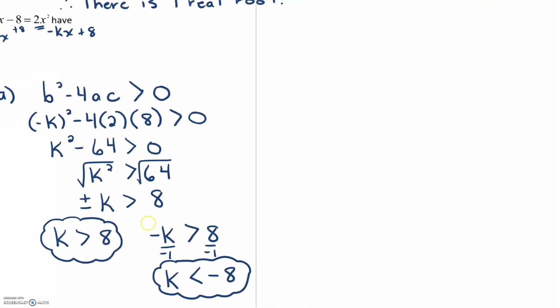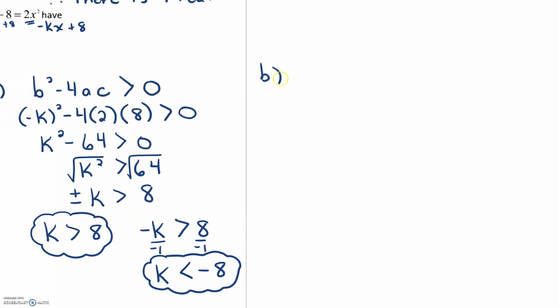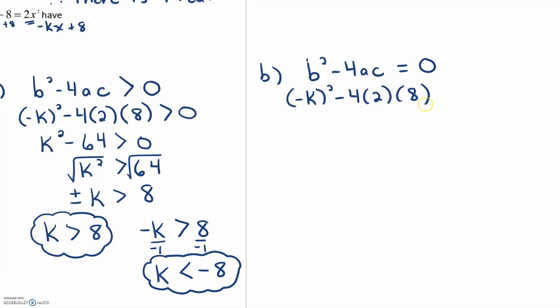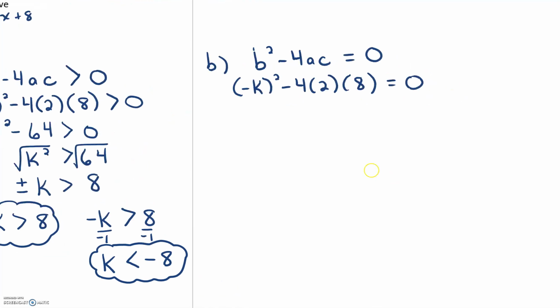Now for question B, you do kind of the same thing, except in this case, we have b squared minus 4ac equals 0 because it's 1 real root. So we basically end up doing the same thing, negative k squared minus 4 times 2 times 8. Not greater this time, it's actually equal to 0. So k squared minus 64 equals 0. In this case, we can go k squared equals 64.